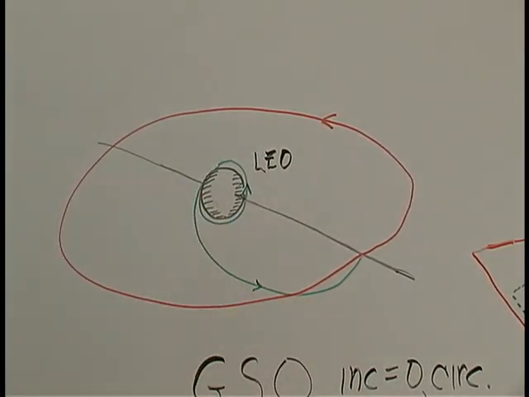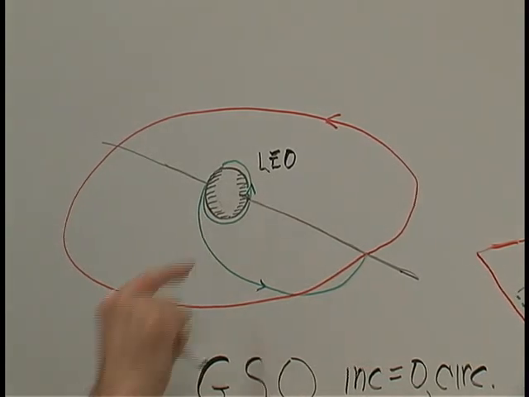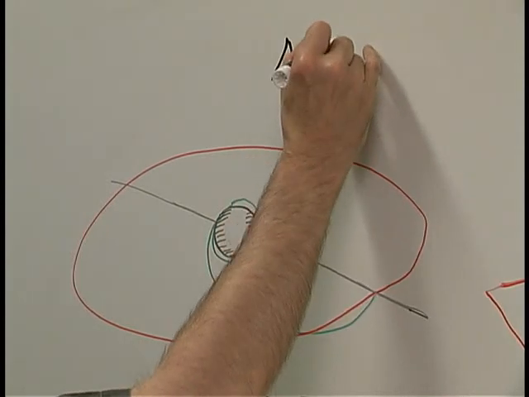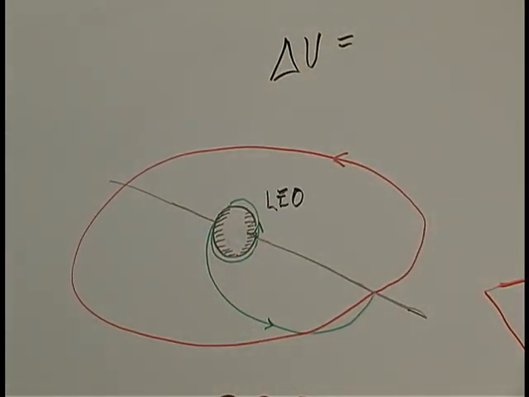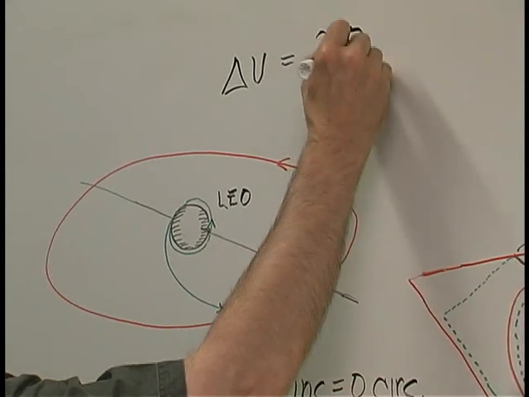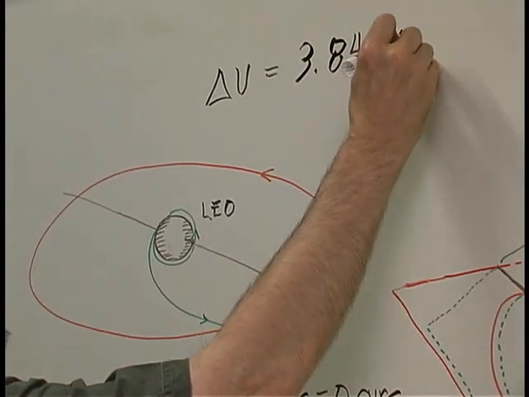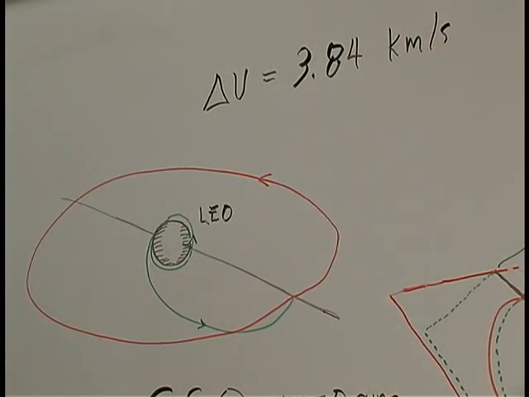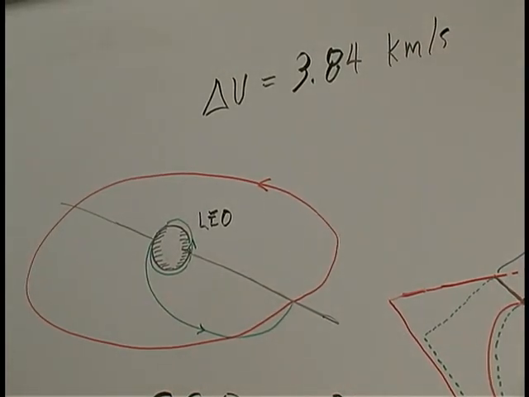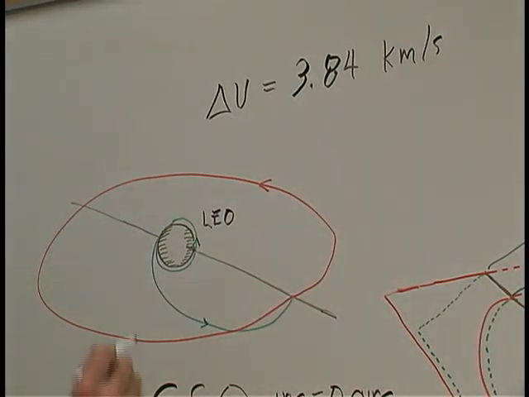And if we were attempting to remove the inclination in this orbit, the cost to us would be fairly large, 3.84 kilometers per second, to change this inclined orbit to an equatorial orbit. So let's not make the change initially.